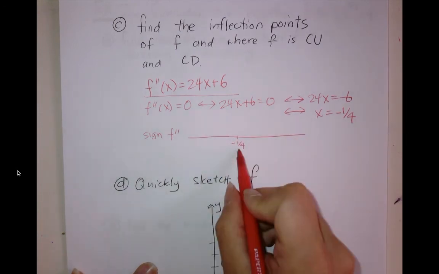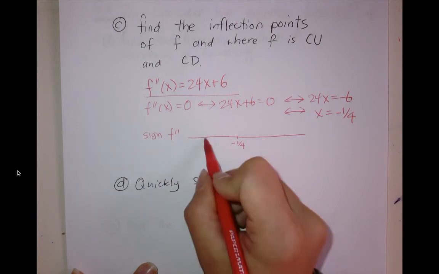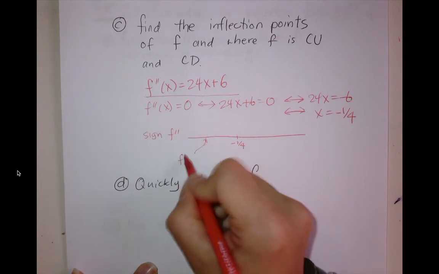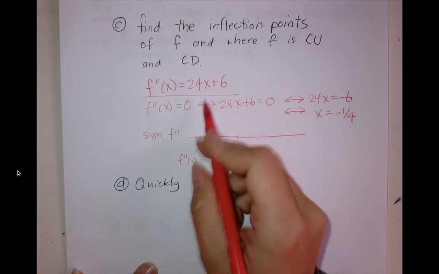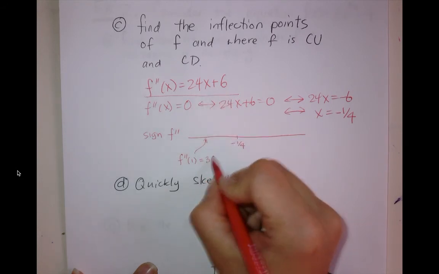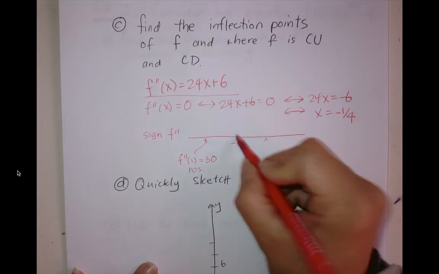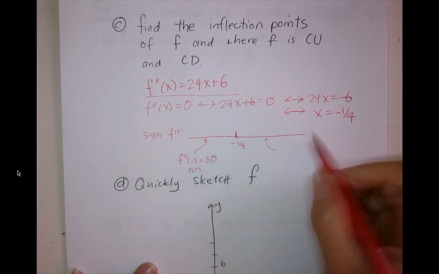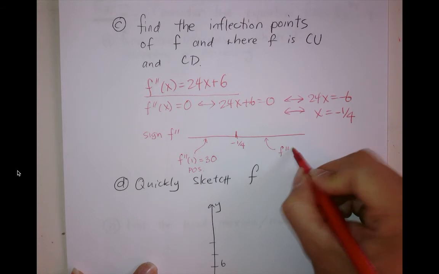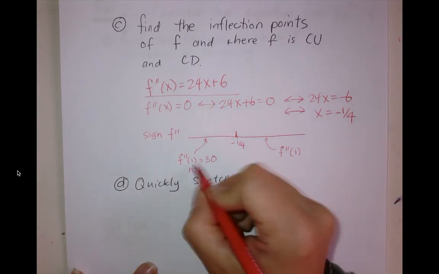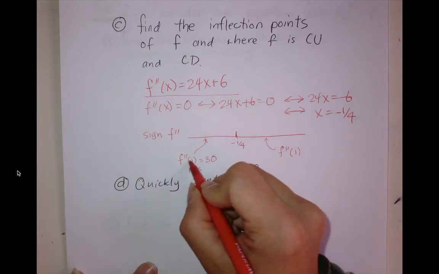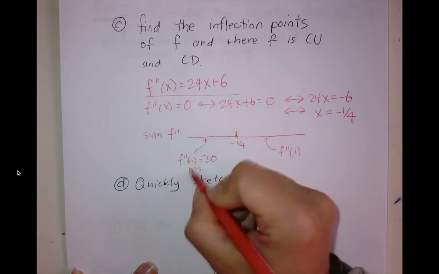So now we're going to test the sign of f double prime and try to determine where f double prime is negative or positive. So let's choose a value to the left of -1/4. I'm going to choose -1. F double prime of -1, it looks like it's positive. And let's choose a value to the right of this critical number. So f double prime of +1. It should be negative.